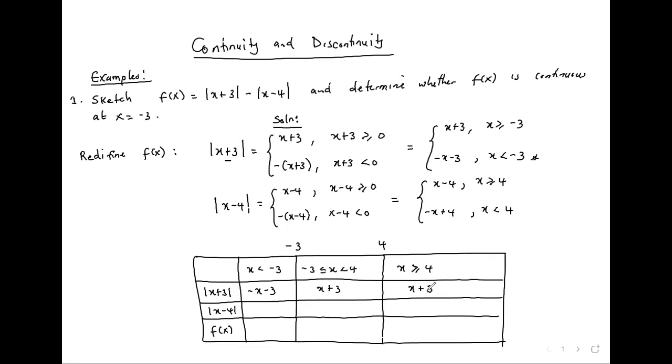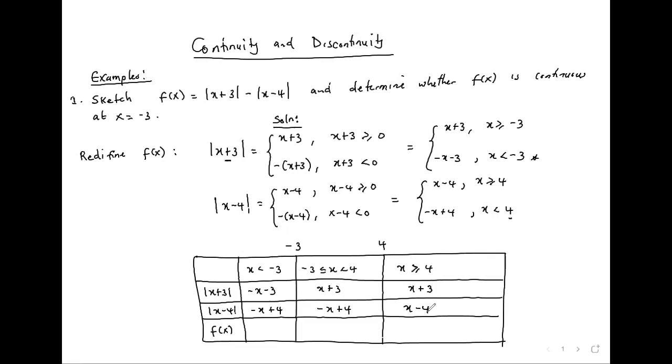And then for the other one, when x is less than 4, that's the interval which will intersect with x less than negative 3, which is negative x plus 4. And when x is less than 4, we get still the same, negative x plus 4. And then the other one, when x is greater than or equal to 4, we'll get x minus 4.